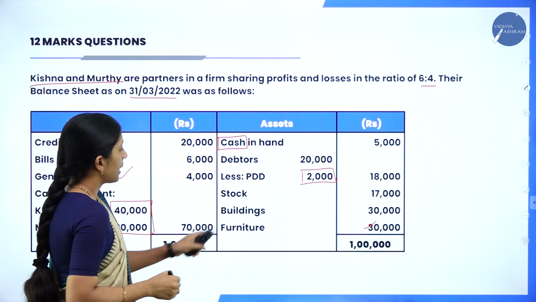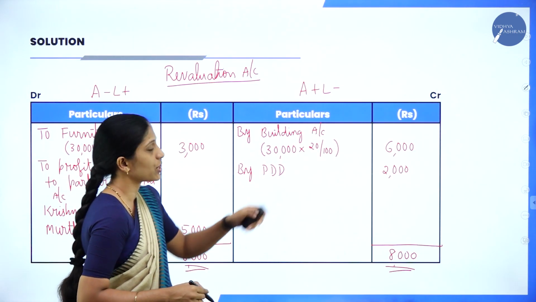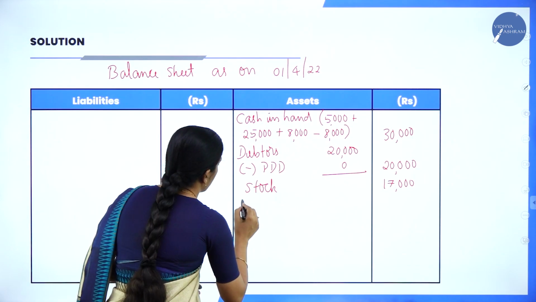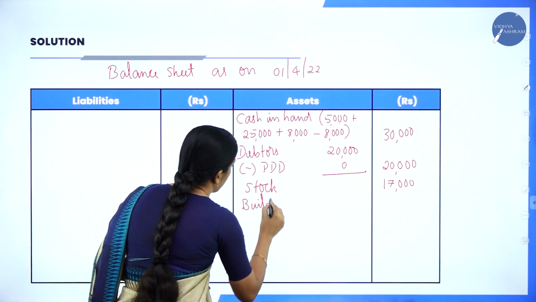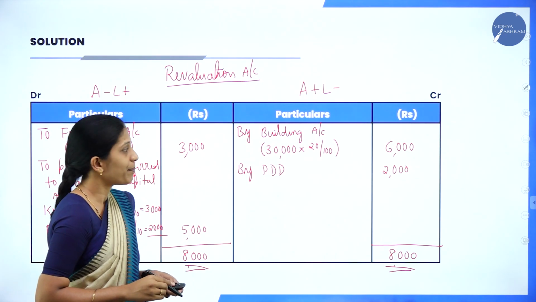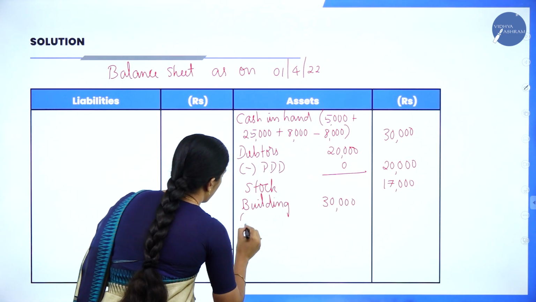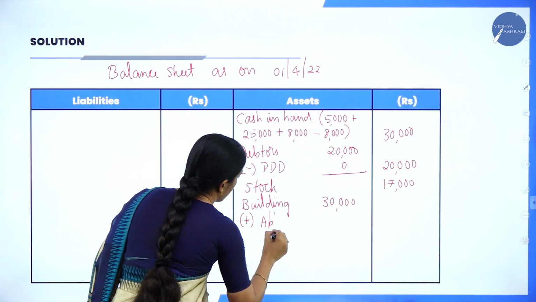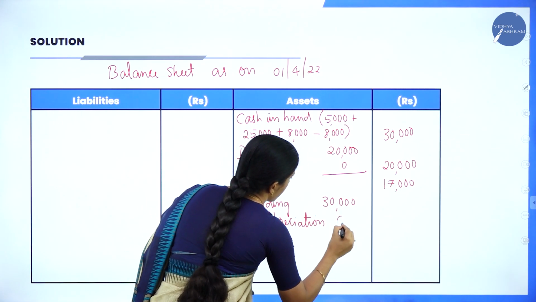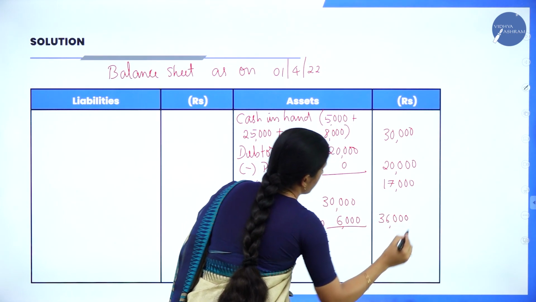Stock 17,000. Next one, building 30,000, but there is an adjustment on building. Appreciation 6,000. So building is 30,000, add appreciation 6,000. Outer column 36,000.